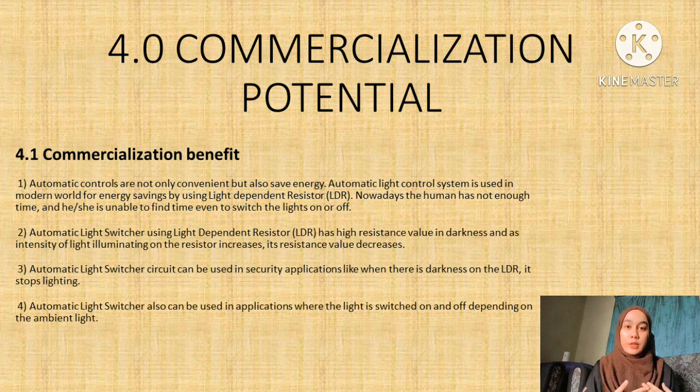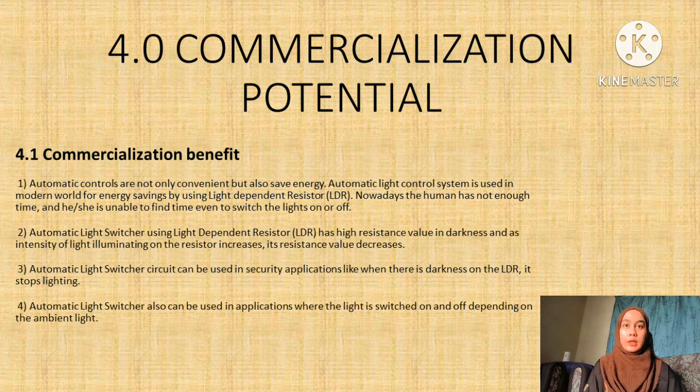Nowadays the human has not enough time and is unable to find time even to switch the light on or off. The second one, this automatic light switcher uses a light dependent resistor (LDR). The LDR has high resistance value in darkness, and as the intensity of light illuminating on the resistor increases, its resistance value decreases.